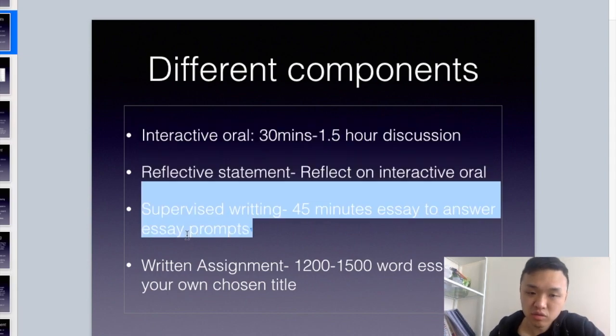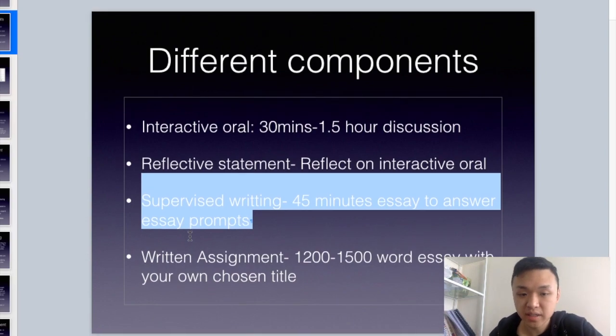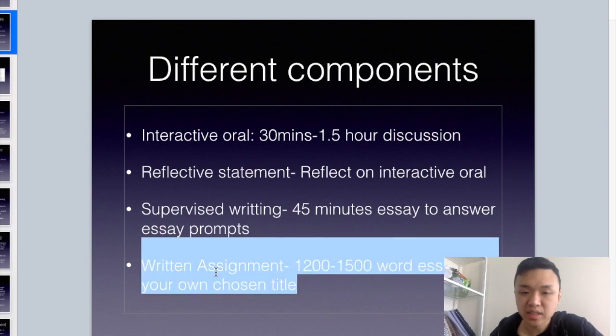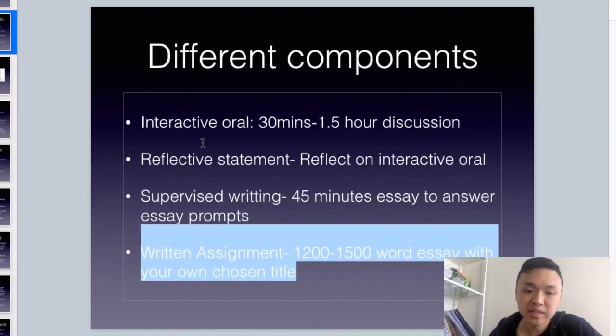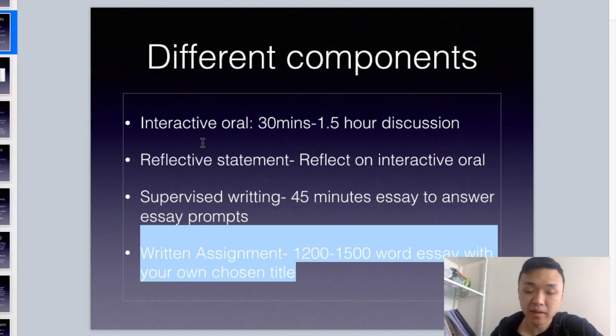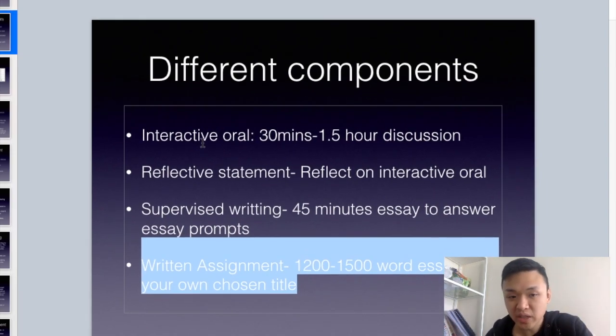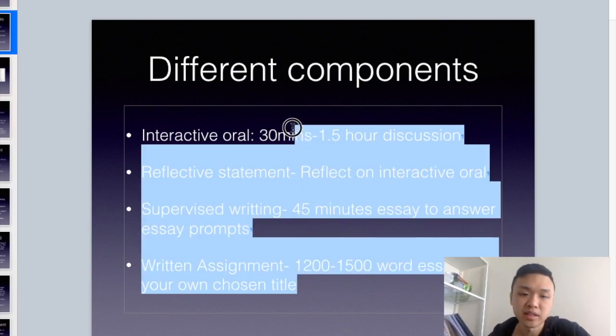Then the next part is supervised writing, where you get 45 minutes to answer an essay prompt, an essay question related to the text you're studying. And lastly, you have your actual written assignment, which is a 1,200 to 1,500 word essay where you come up with your own topic. In this video, I'm going to show you how you can get the maximum points in each of these parts.